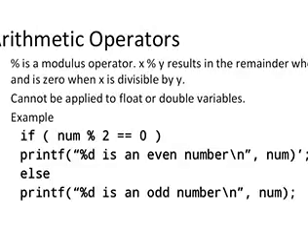Here example, if number mod 2 equal to 0, this is the test condition, we are testing the condition. If the condition within the parenthesis is true, this will print the even number. If the condition is false, the odd number will be printed.